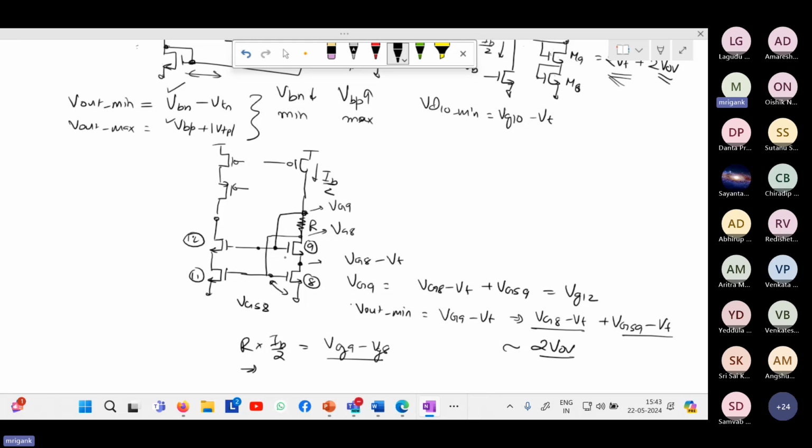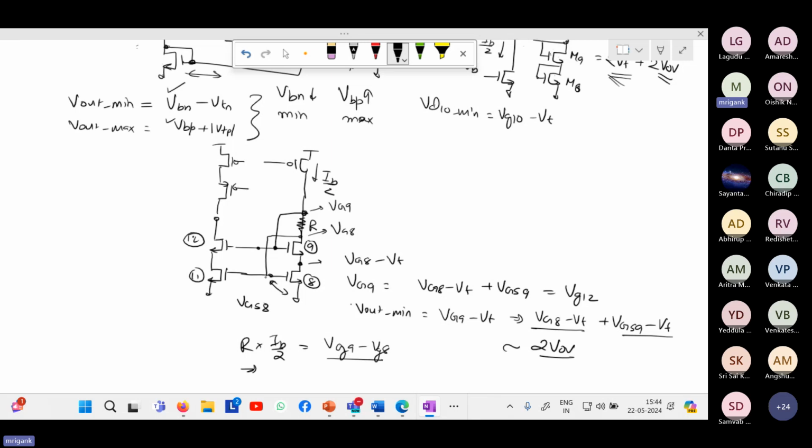And the drain voltage of M9 is also pushed to the minimum value. This is the worst case scenario, so for higher output voltages, it will be okay anyway.